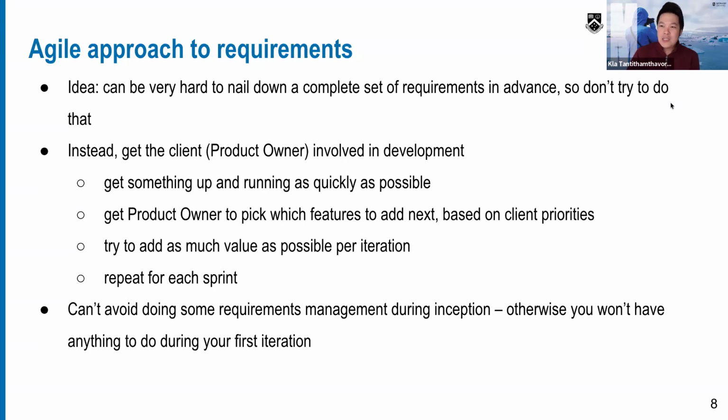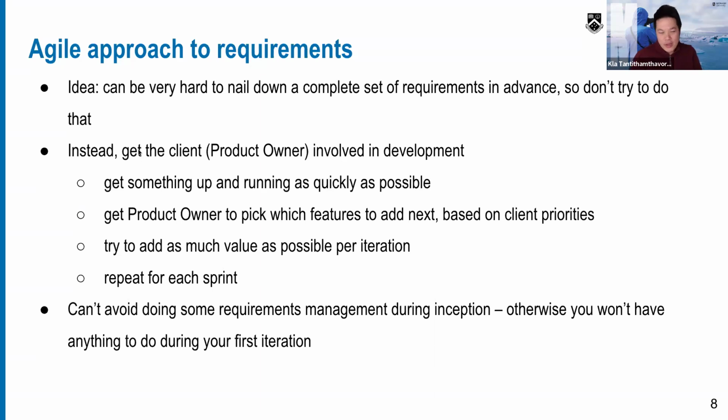That's why we should adopt the agile approach when the requirements are unclear. Over time, instead, get the client or the product owner involved in the development and get something up and running as quickly as possible. So instead of getting the complete set of requirements, why don't we do some rapid prototyping and check with the client whether it is actually correct or not?